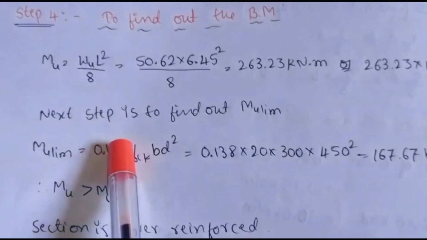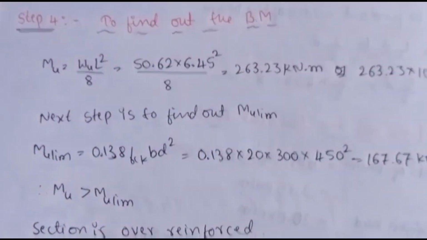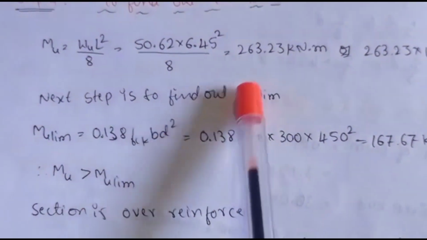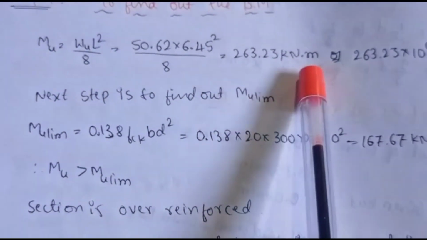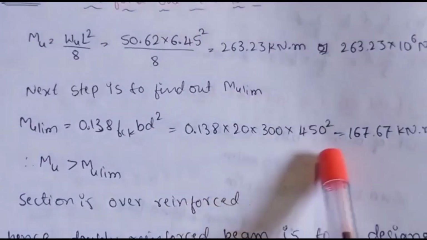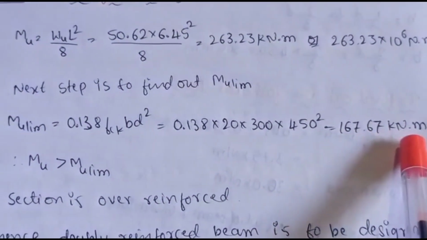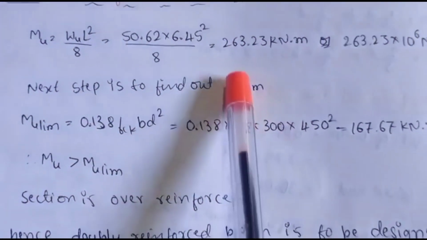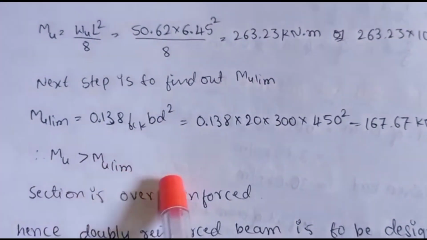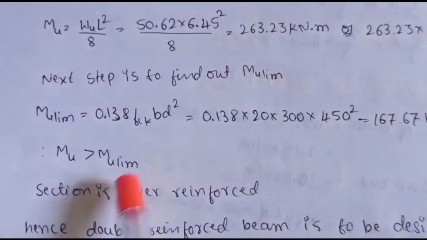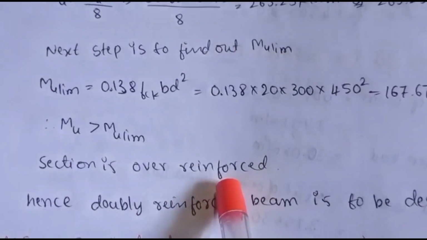After the calculation of Mu and Mu limit, our Mu value is 263.23 kilonewton meter, and our Mu limit value is 167.67 kilonewton meter. So it clearly says our Mu is greater than Mu limit. When Mu is greater than Mu limit, the section is over reinforced.